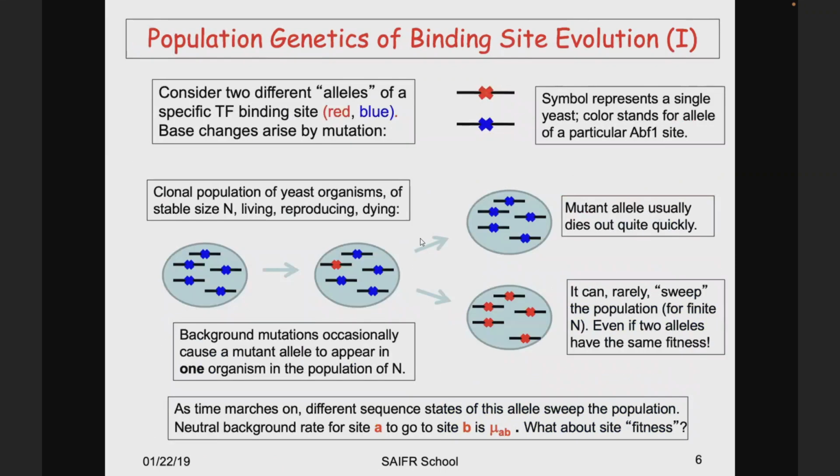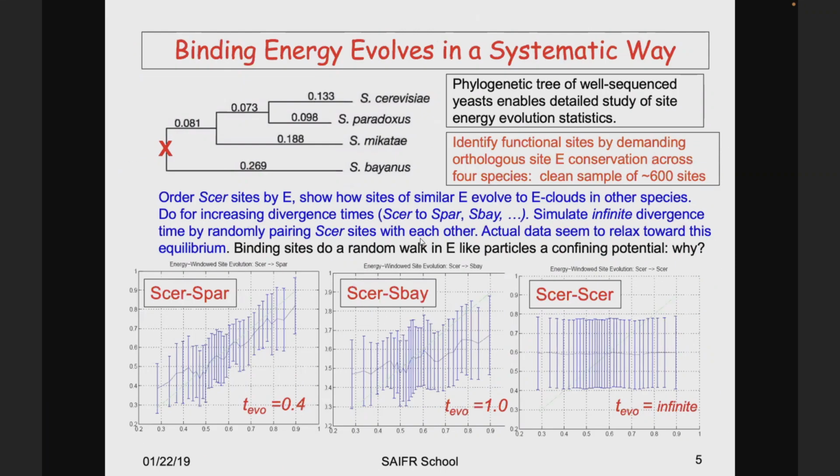Oh, I can actually go back. Yeah, so here's interesting data. That is to say, this is the correlation between different related species of binding site energy, right? This is observation, not experiment. And you pick a binding site of some energy and you ask, in the related species, well, there are many of them because there are many binding sites and they're distributed in energy.